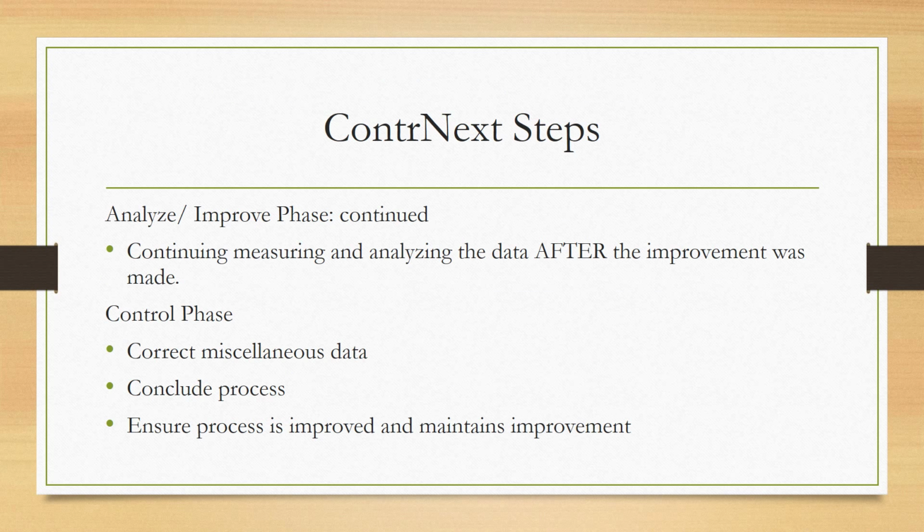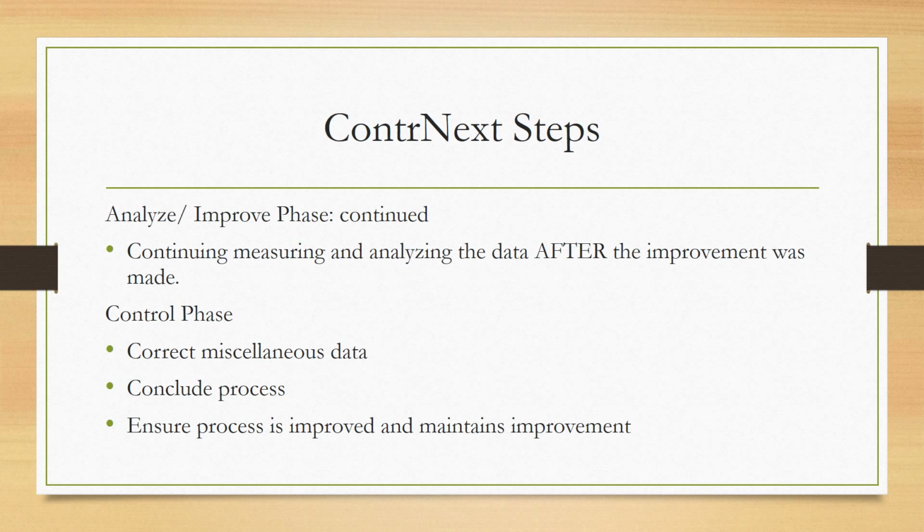And then what we had next was our next steps, looking at the control phase. When we last had my presentation, it was looking at the analyze and improve phase to continue it again because we wanted more data. We didn't have a lot of data post improvement, so we did that.